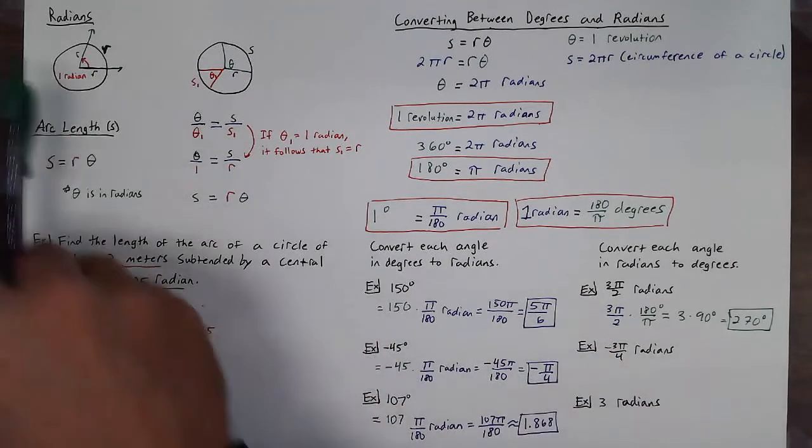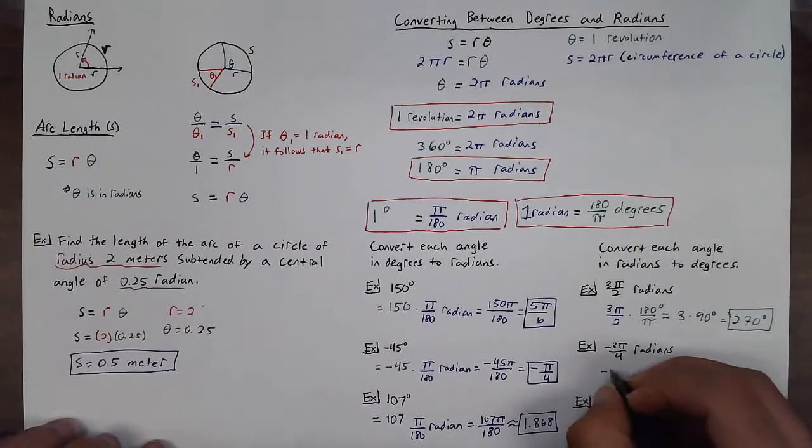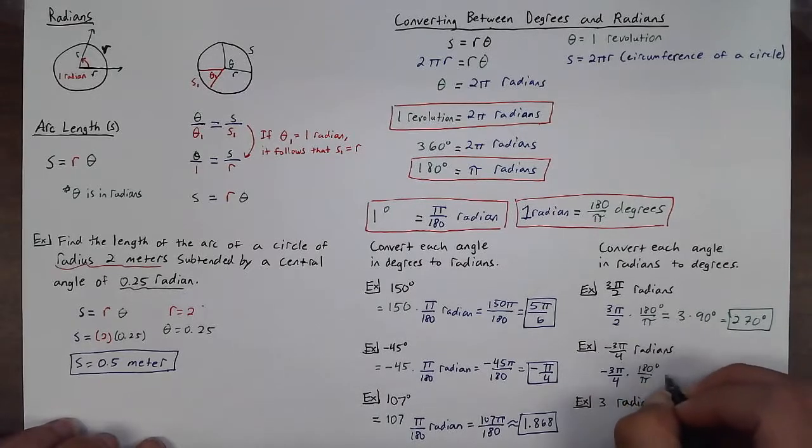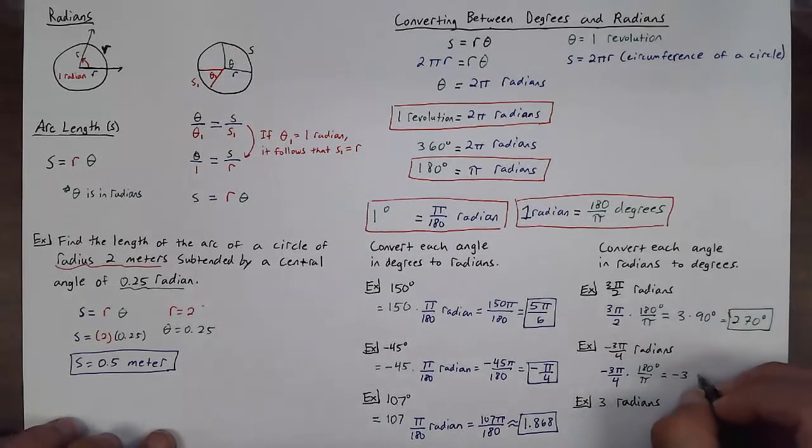Now, that same conversion method can be used for negative radian angles as well. Again, 1 radian is 180 over pi degrees. The pi's will cancel. 180 divided by 4 is 45, so I get negative 3 times 45 degrees, which gives me negative 135 degrees.